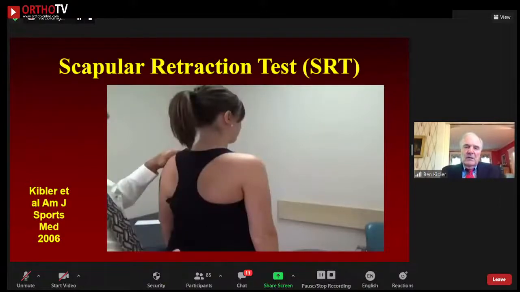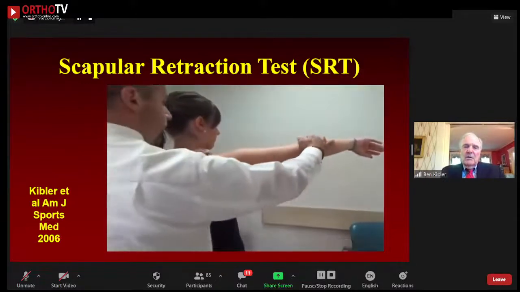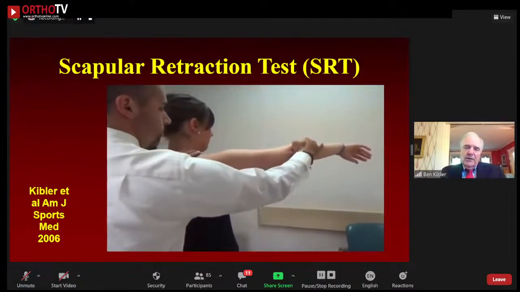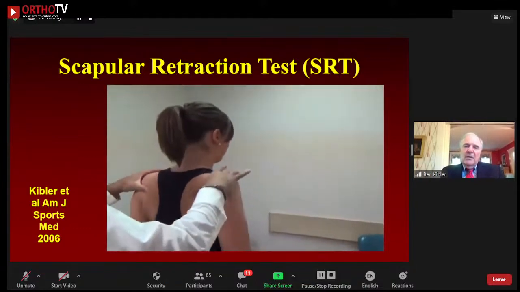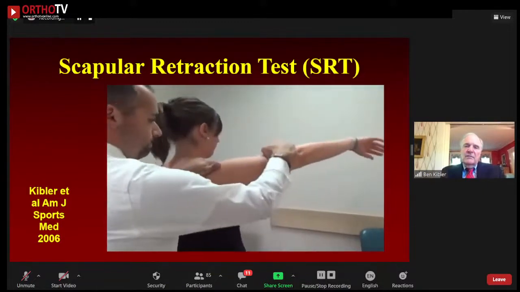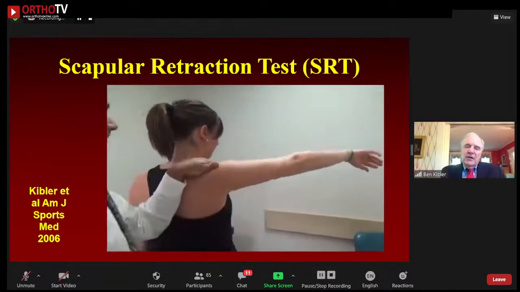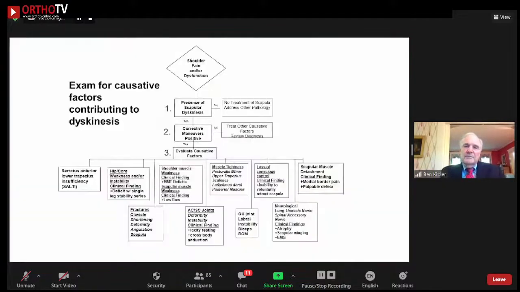Once again, the test is performed. You check strength, and then you stabilize the scapula in retraction and check the strength again. You'll find the strength is improved, up to 24% improvement.